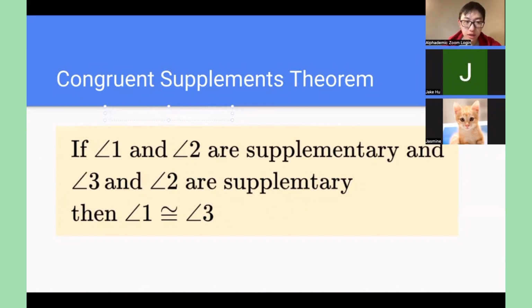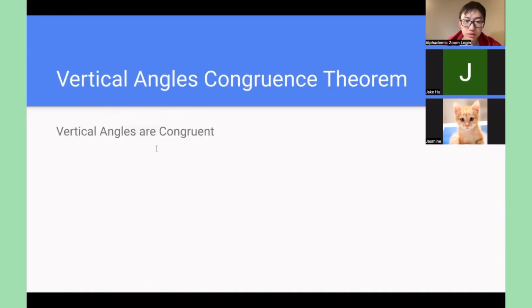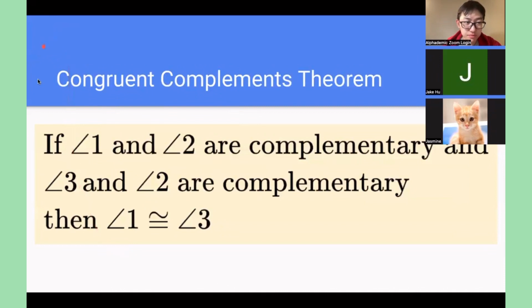So if angle 1 plus angle 2 equals 180, right, and then angle 3 plus angle 2 equals 180, then angle 1 equals angle 3. Yep, that's basically what it means, simply.